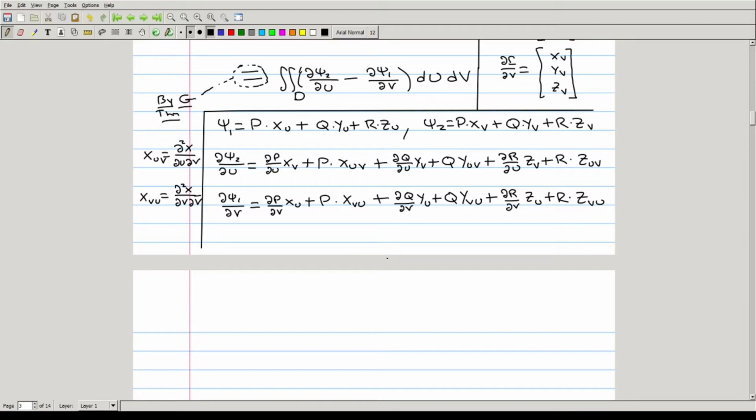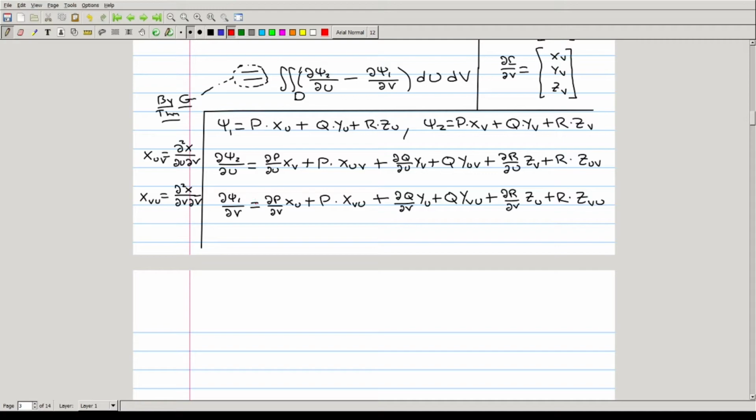And at first this looks extremely daunting and overwhelming, but you'll remember the assumptions that we made in this problem about the continuity and the smoothness of our boundaries. Well, xuv, the mixed second partial derivative, is going to be equal to xvu because of Clairaut's mixed derivative theorem, right?